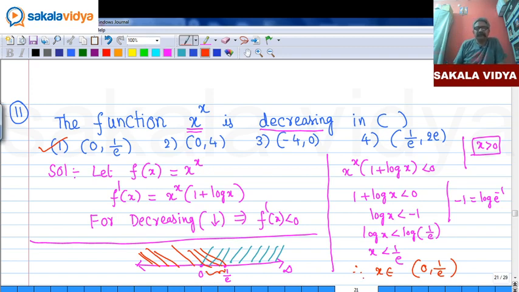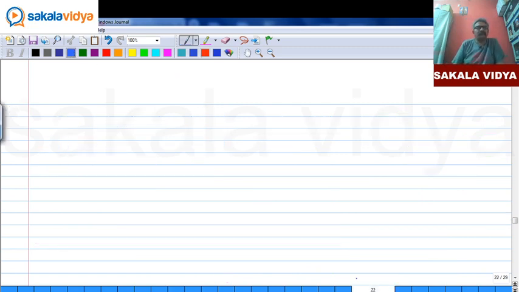Okay, now 12th problem, f of x equals cos inverse x is decreasing in.